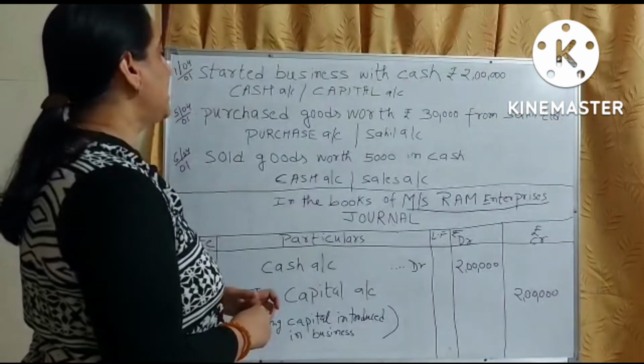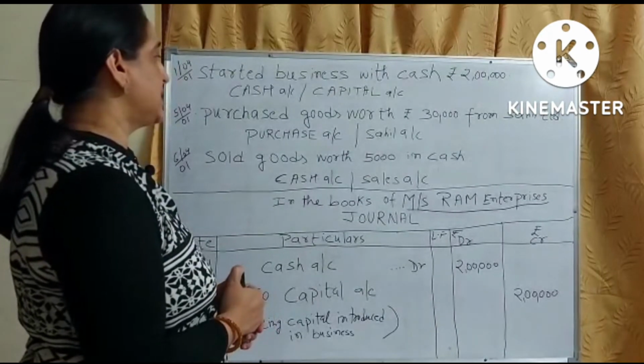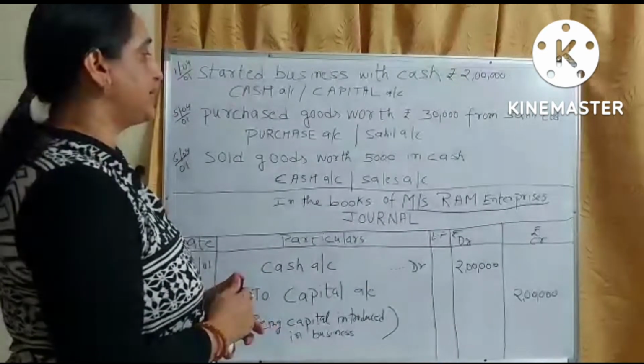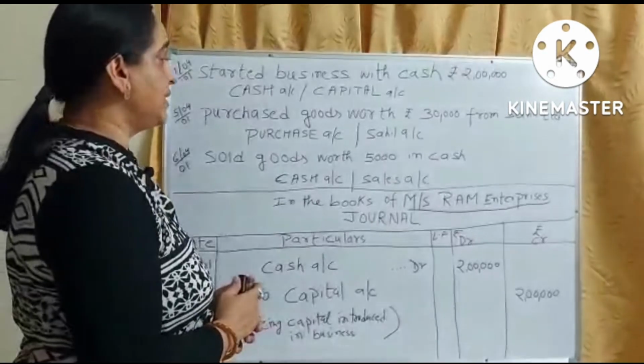Purchase account being an expense account, it is getting debited, and Sahil account being an account of the creditor, it will be a liability account and it will be credited.